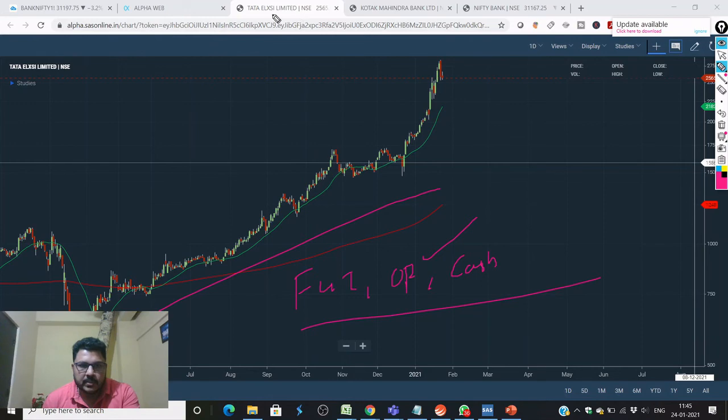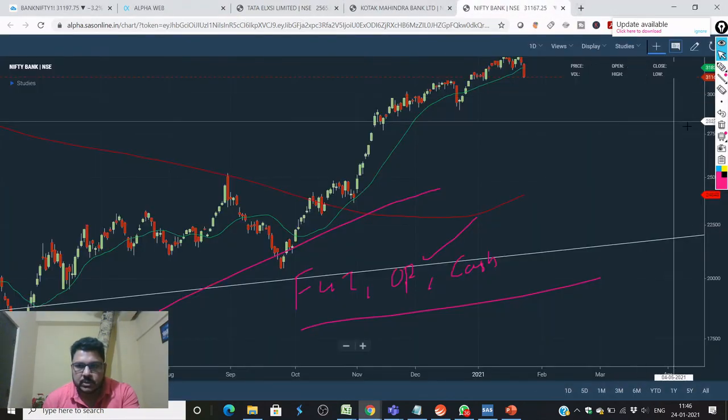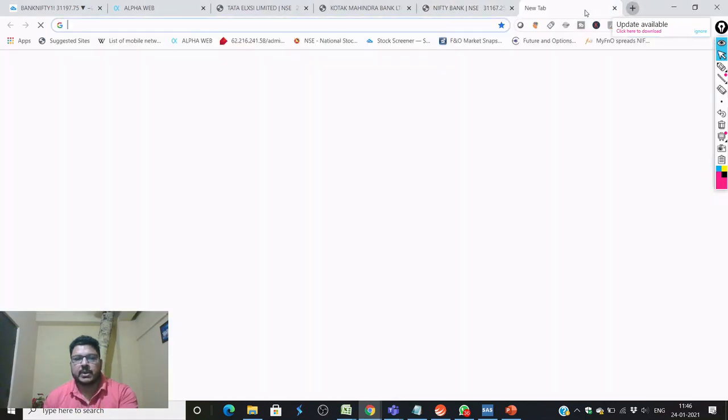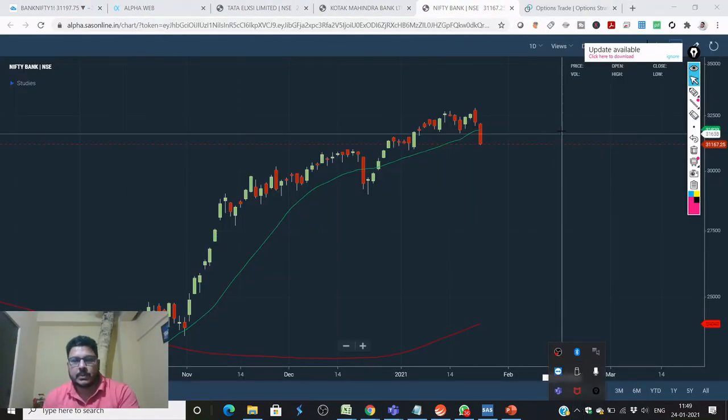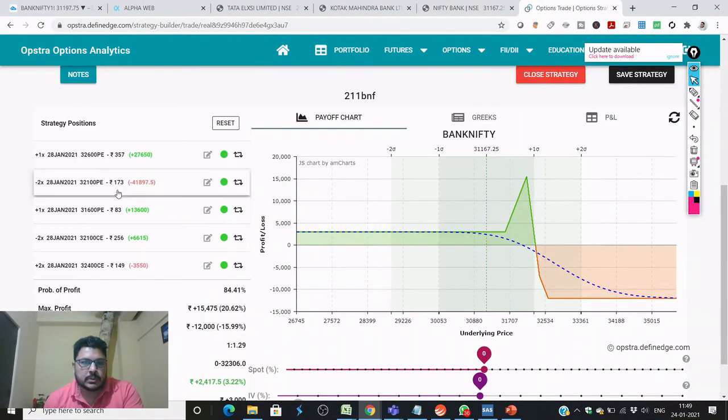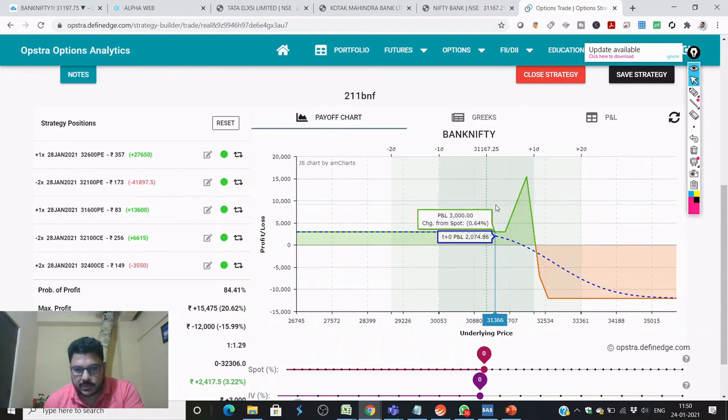So right now in Bank Nifty, as you can see, the trend has changed. So what is the position I'm holding? This is a position which I'm holding. I had created a butterfly initially, and the market came into this, and immediately on the same day the market moved out of this butterfly.